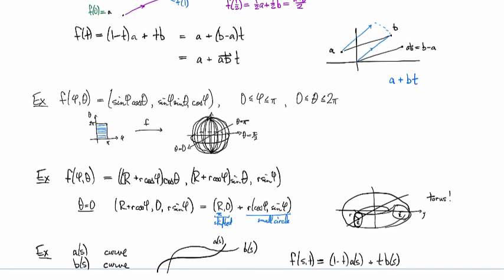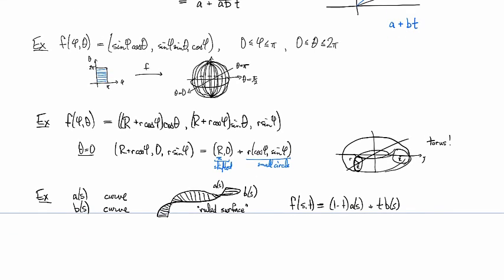So we end up getting a surface, what's called a ruled surface, because it's made up of all these little straight lines passing between those two. Okay, so those are the basic examples for curves and surfaces.